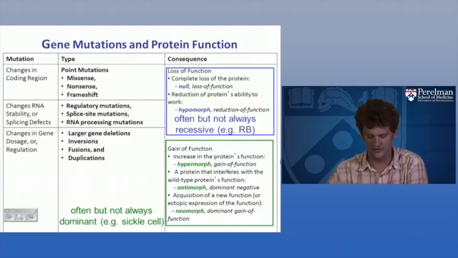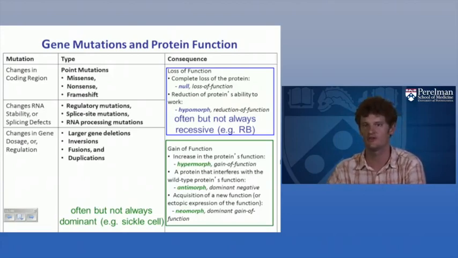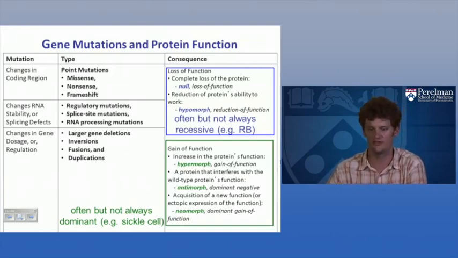Right. And so these different types of functions, we sort of grossly group them into 2 categories: loss of function and gain of function. And loss of function, generally, if you get rid of a protein, that would be a loss of function. Usually those are inherited recessively, but there's cases where that's not true.